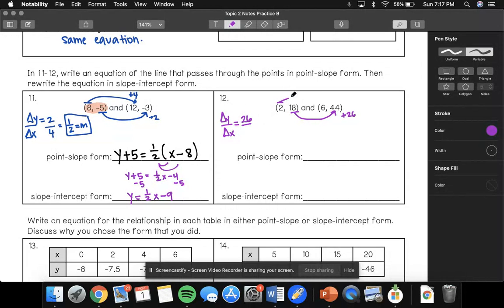Then to get from 2 to 6, I would have to add 4. We want to keep the slope as a ratio if we can, so I'm going to simplify this to 13 over 2. You could make it a decimal, 6.5, but usually we like whole number ratios. So I'm just going to say that the slope is 13 to 2.